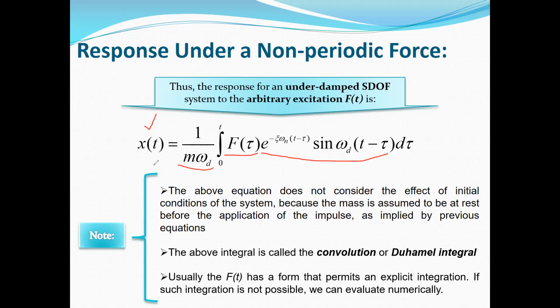Any time you hear about the convolution integral, in fact, this is it. You definitely heard about this in mathematics courses, and this is the application of the convolution or Duhamel integral.